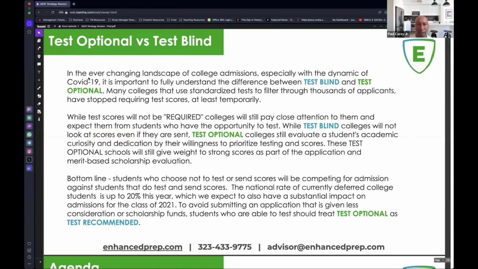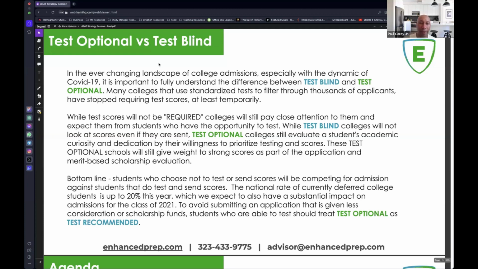I'll read through this so you guys can see it as well. In the ever-changing landscape of college admissions, especially with the dynamics of COVID-19, it is important to fully understand the difference between these two. Many colleges still use standardized tests to filter through thousands of applicants, and have stopped requiring test scores, at least temporarily.